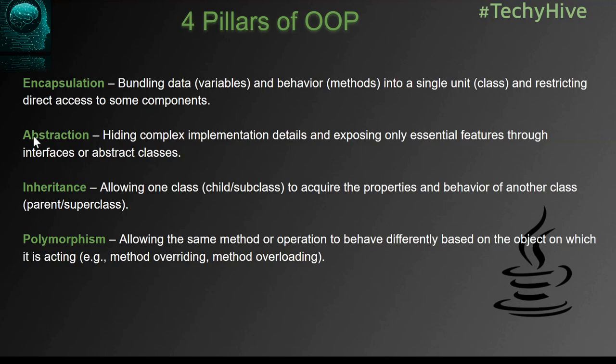Next pillar is abstraction: hiding complex implementation details and exposing only essential features through interfaces or abstract classes. As a part of abstraction in object-oriented programming, the complex implementation is hidden, and the user is provided with high-level information about the implementation, and that high-level information is provided through interfaces and abstract classes.